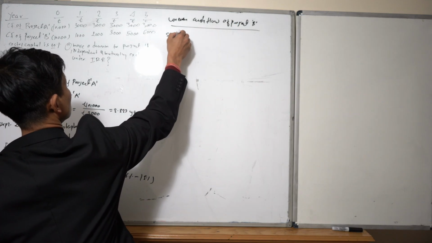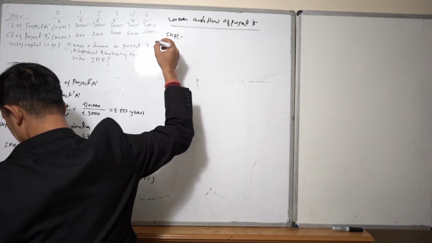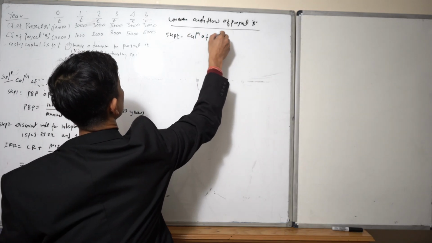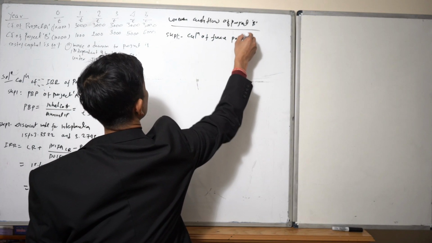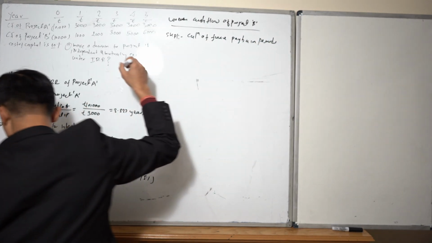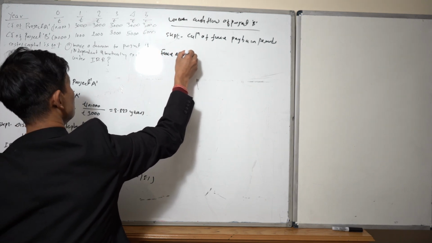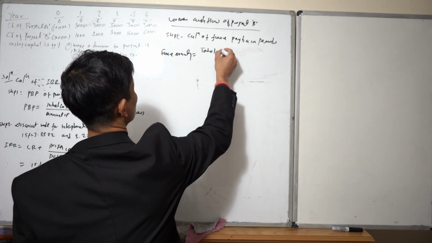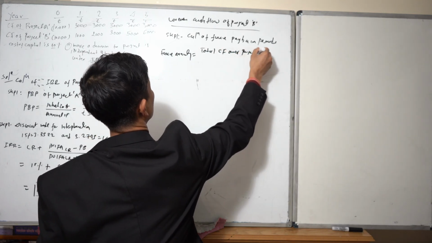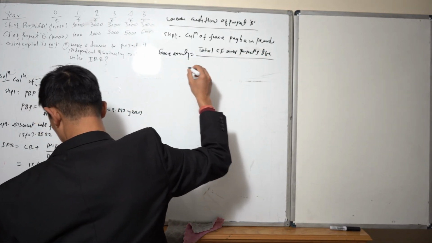Step 1, calculation of fake payback period. The fake annuity is equal to total cash flow over project life divided by project life.